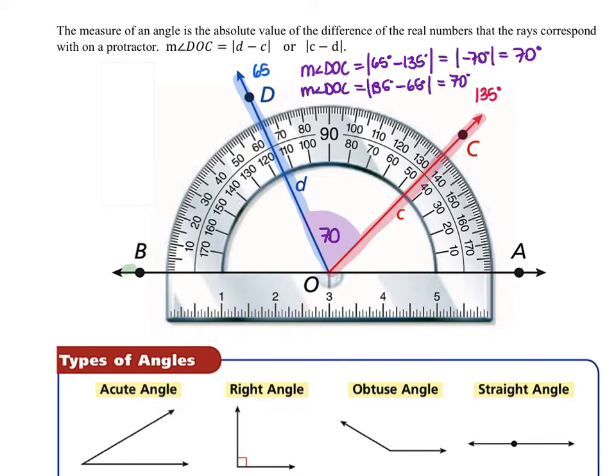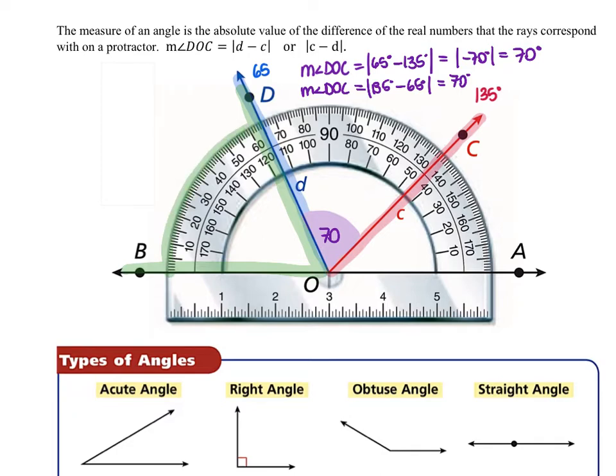Now imagine we're trying to find the measure of angle BOD. Ray OB lines up with the 0 line on the outer ring of numbers on the protractor. So all we have to do really is start at 0 and count our way up to wherever that ray meets.